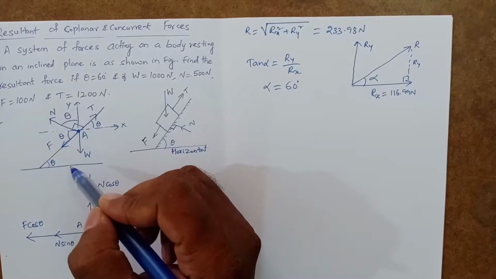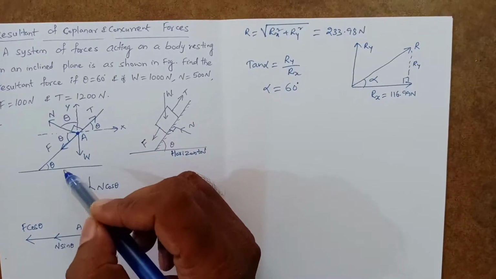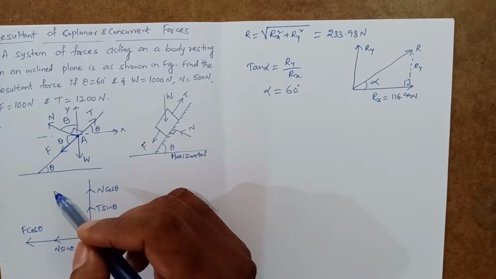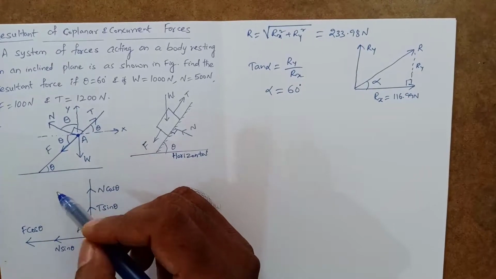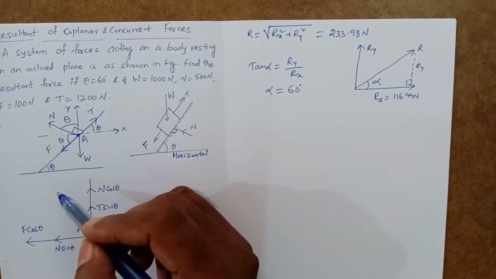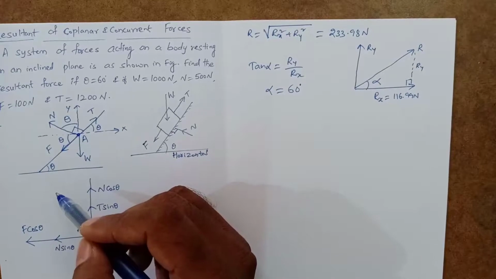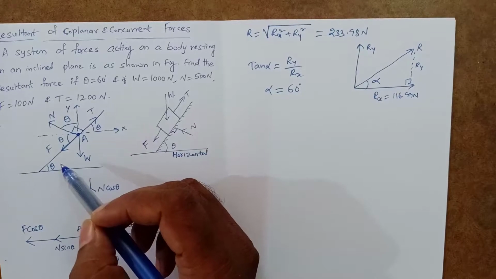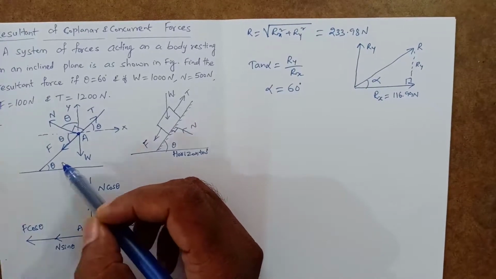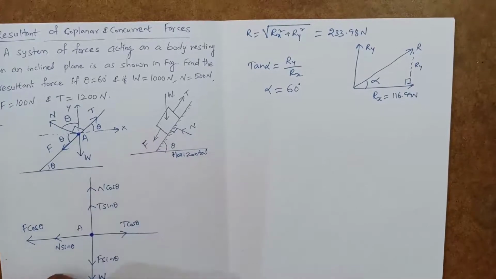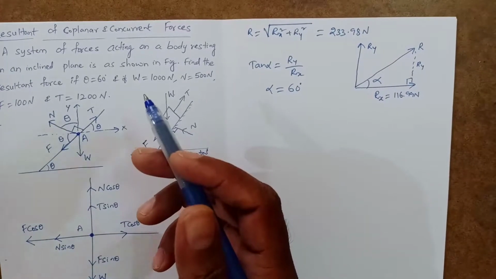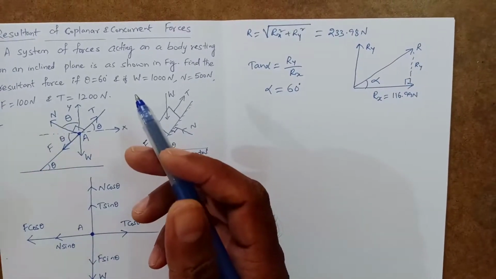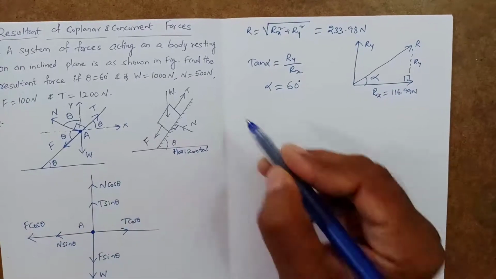Here we are resolving the force into two rectangular components, which are mutually perpendicular. So when we have inclined plane problems, better resolve all the forces along the inclined plane and normal to the inclined plane, where the two components are also mutually perpendicular. So let us solve the second method.